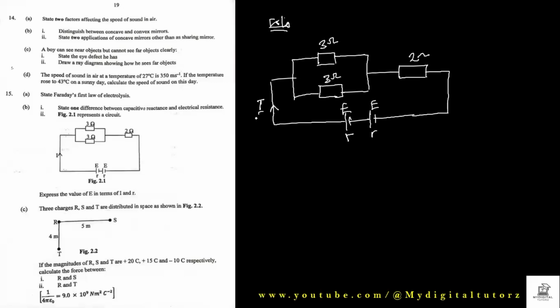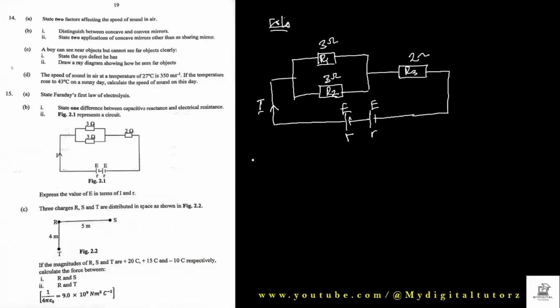So we first of all look at the resistors. Let us name this resistor R1. Here is R2, R3. As we can see, R1 and R2 are arranged side by side, so they are in parallel. So we have to find the equivalent resistance.